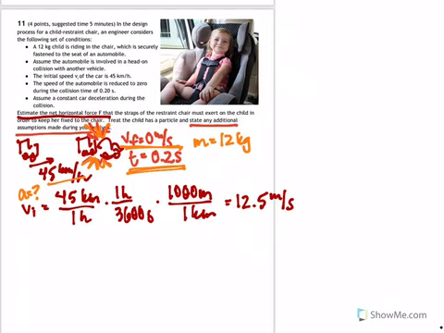So now I want to solve for my acceleration. Acceleration is equal to a change in velocity divided by time. You'll notice I'm not using anything more sophisticated because I don't need to. Change in velocity means final velocity minus initial velocity, divided by our time interval.